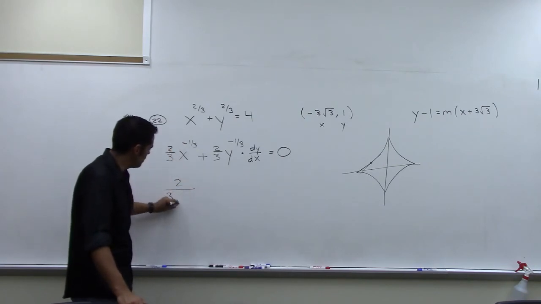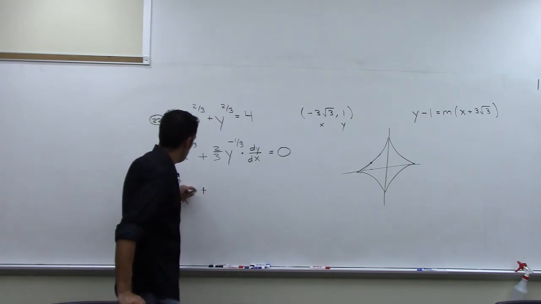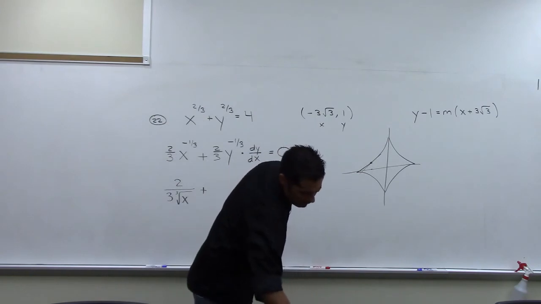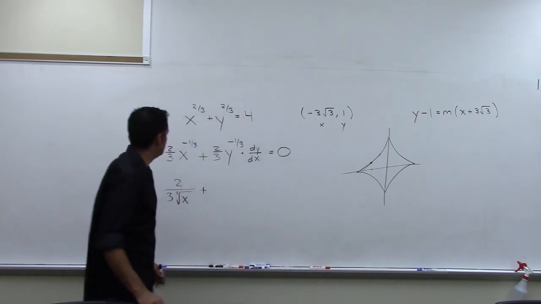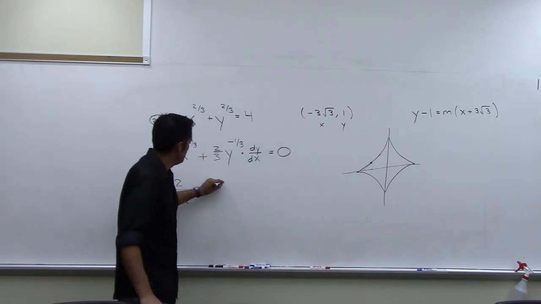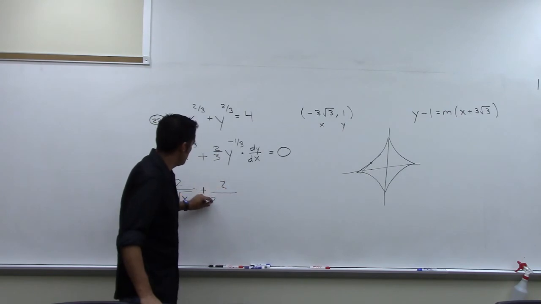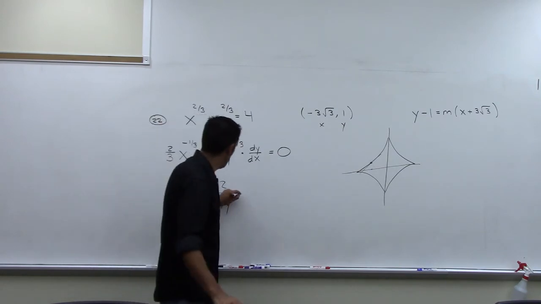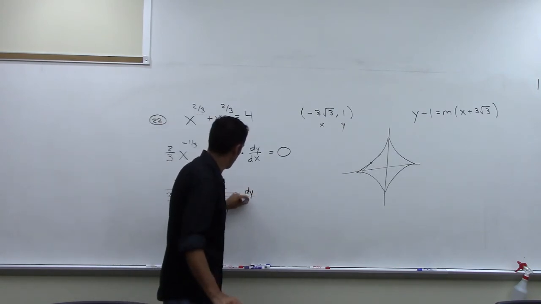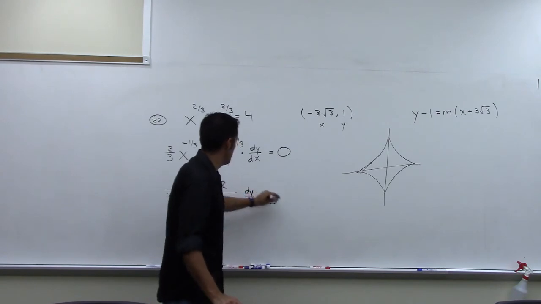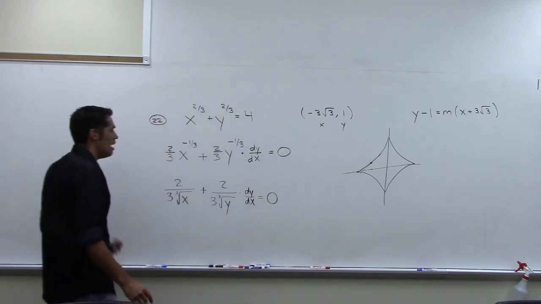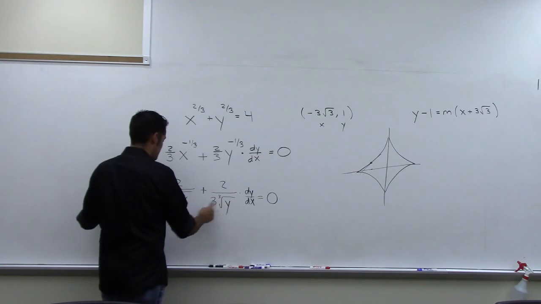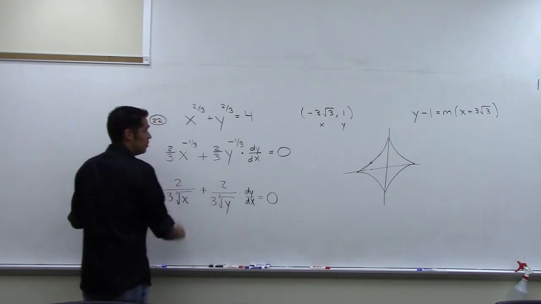I drop it down, that's the cube root of x, plus 2 over 3 cube root of y, times dy/dx, equals 0. So I'm going to replace my y with 1 and my x with negative 3 root 3.